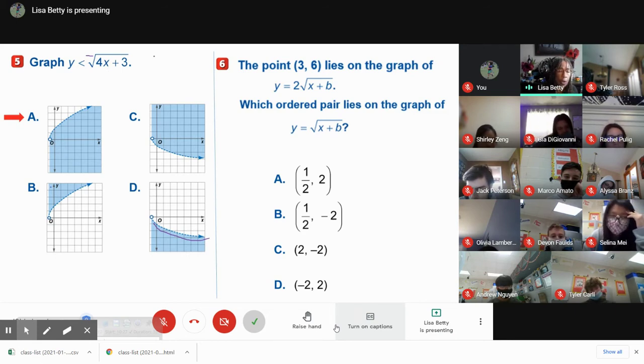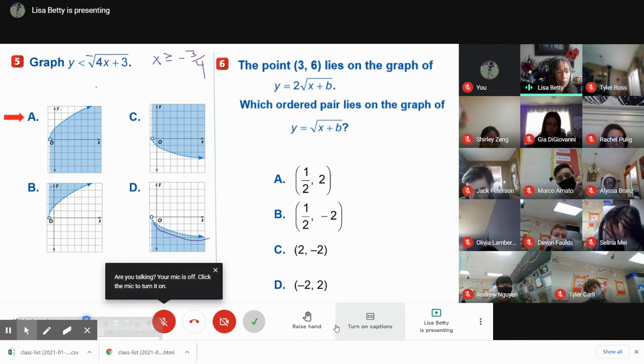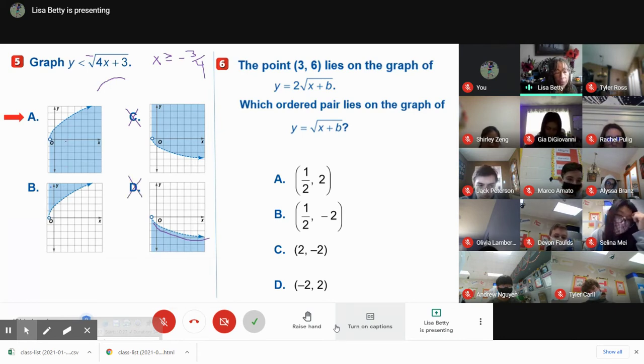So we end up with x has to be greater than or equal to negative 3 over 4. At that point, you're going to kill nothing because they all start there. And we know that it's a positive graph, and a positive radical looks like this, so we can kill C and D. And then the only question is, is it greater than or less than?